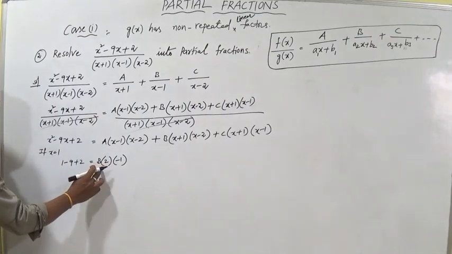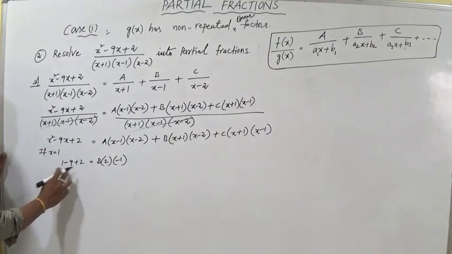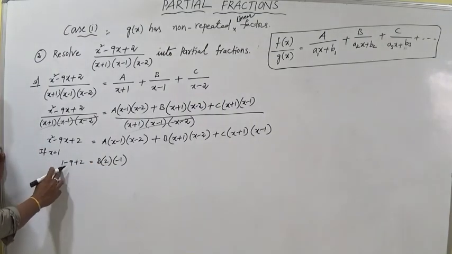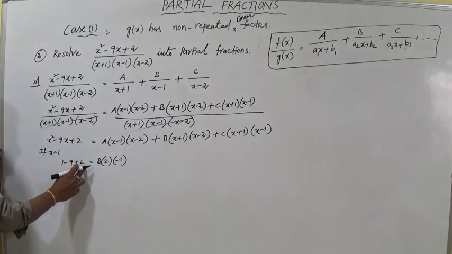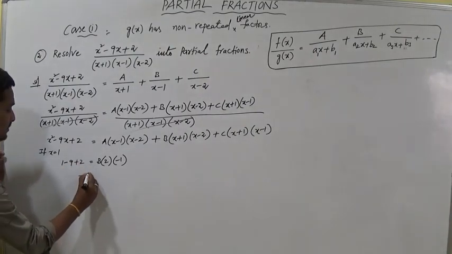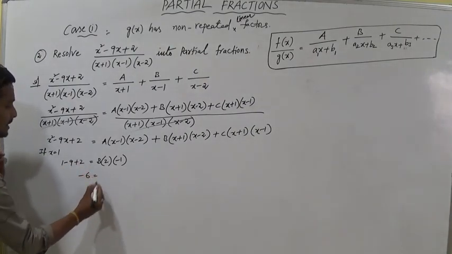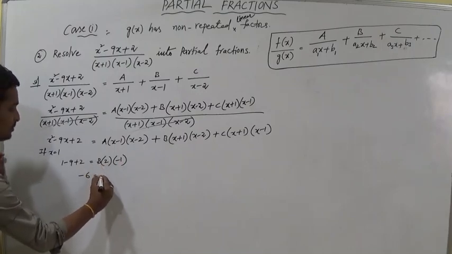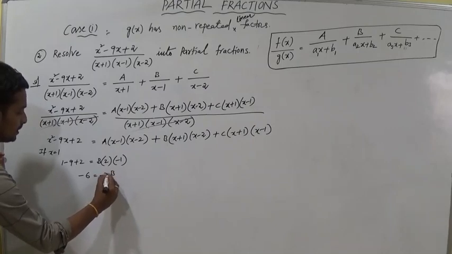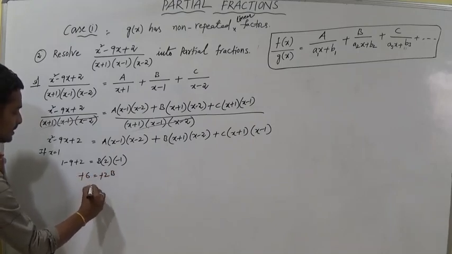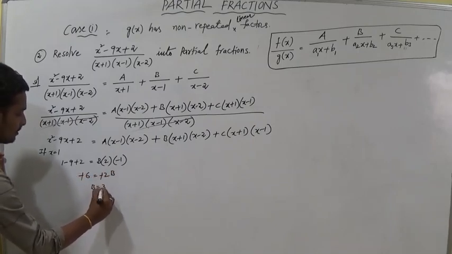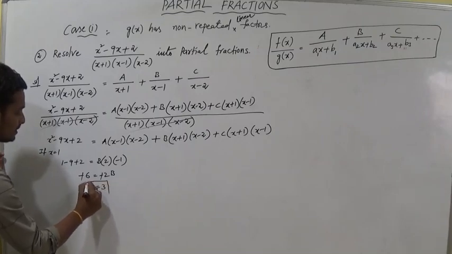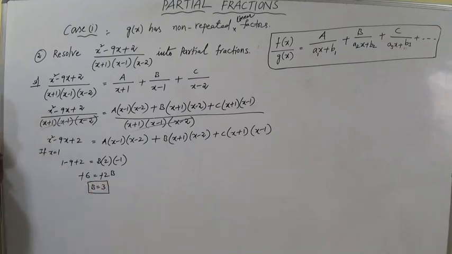So only B into 2 into minus 1 remains. On the left, 1 minus 9 is minus 8, minus 8 plus 2 is minus 6. Minus 6 is equal to 2 into minus 1, minus 2, so minus 2B. The minuses cancel, then B is equal to 3. This is the value of B.